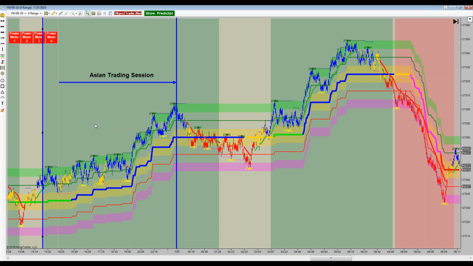Up. Yeah. So characteristics of the uptrend are predominantly blue bars. The mid-band and all the bands are stair-stepping up, as they are doing here. Background would be green, right? So the Asian trading session on YM, the trend was up.